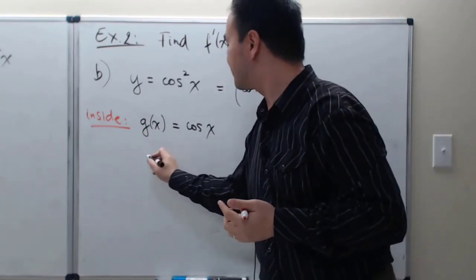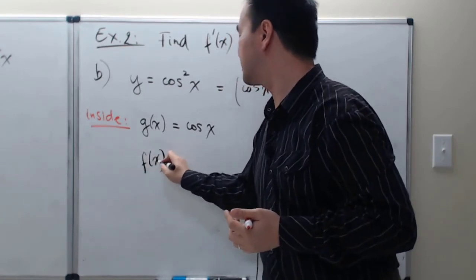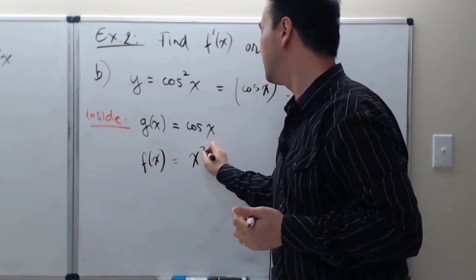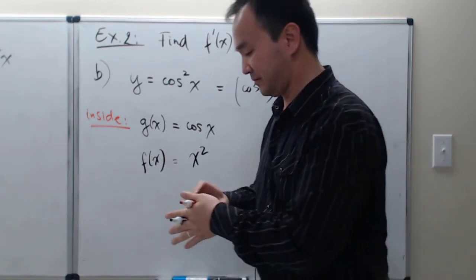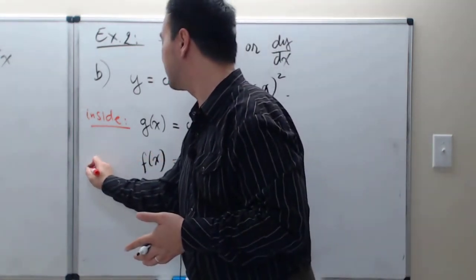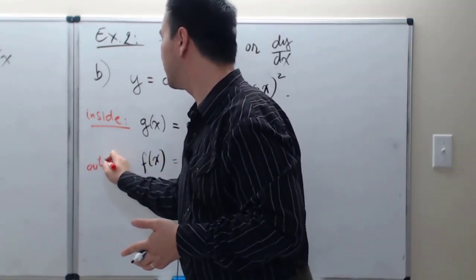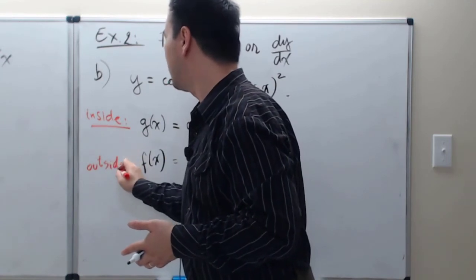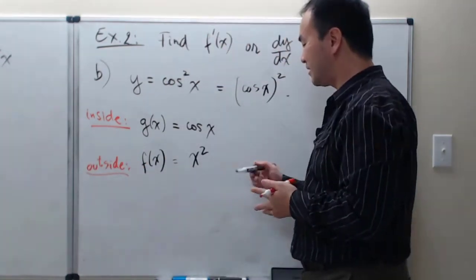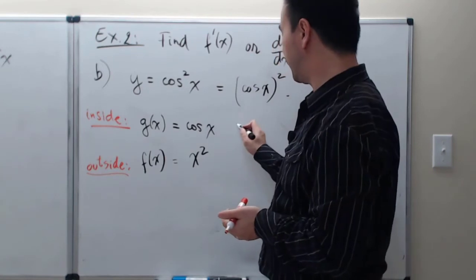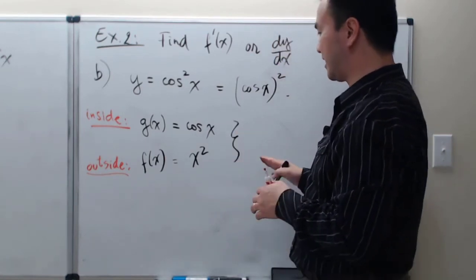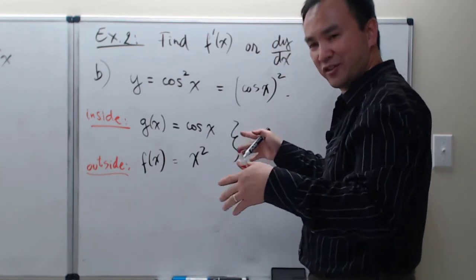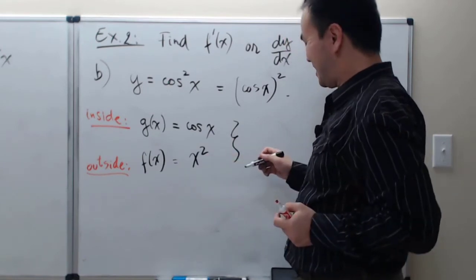So f of x equals x squared, and we can regard this as the outside function. Okay, and so once again, a quick double check right here. I don't always do this, but it's trig functions, so it could be tricky sometimes.